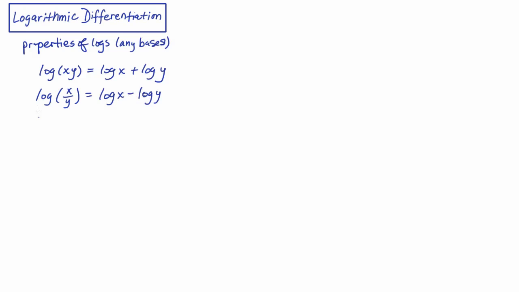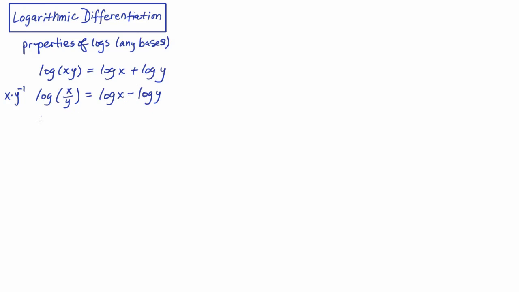And there's a good reason for this. If you think of x divided by y as x times y to the minus 1 and use the power rule property that I'm going to show you in a second, then it really should make sense that this is a subtraction symbol here.